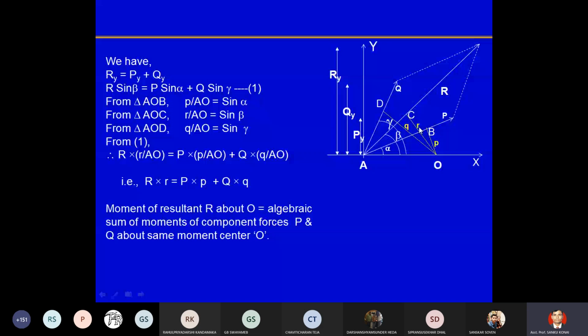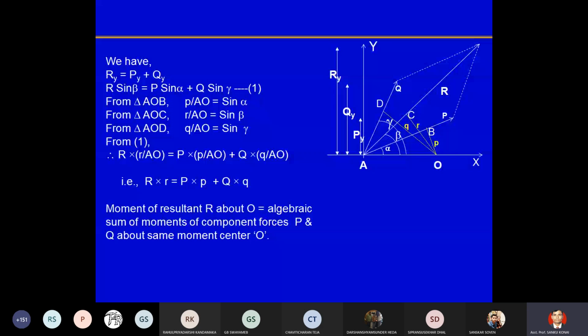Okay, so from this expression R into small r, P into small p and Q into small q, we can say that moment of resultant R about O is equal to the algebraic sum of the moment of the component forces P and Q. So sometimes if you are asked to prove Varignon's theorem, you have to just simply write this. You have to consider mutually perpendicular axes x and y, and take a resultant force whose components are P and Q in any direction.